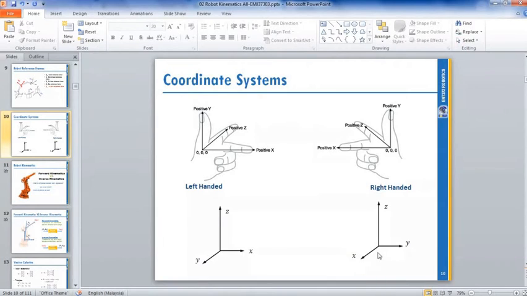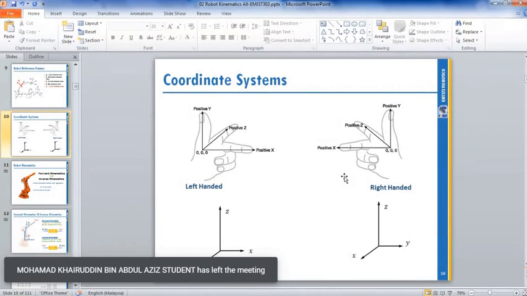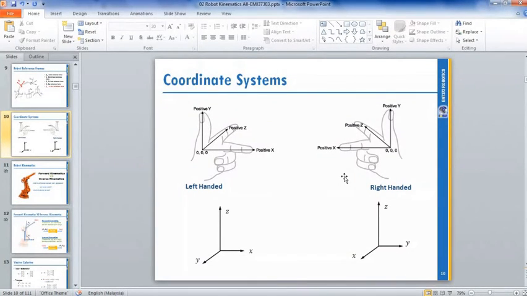Okay, if your X direction is on the left side, then we use the right hand technique, the coordinate system. This one is for homogeneous, but when we go to the DH method later, we only use your Z axis, this one, and your X axis, this one.